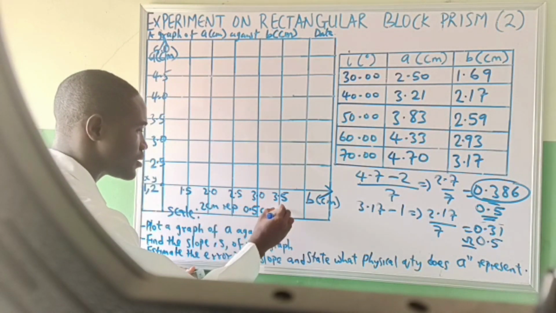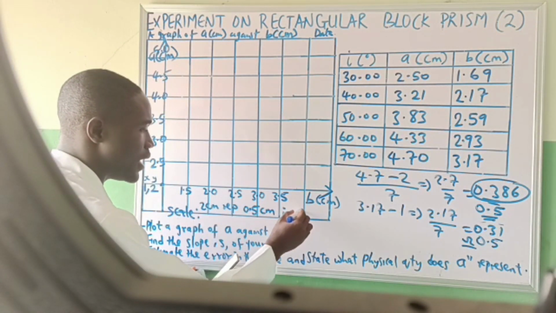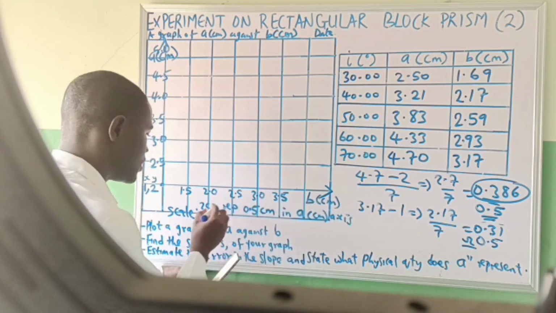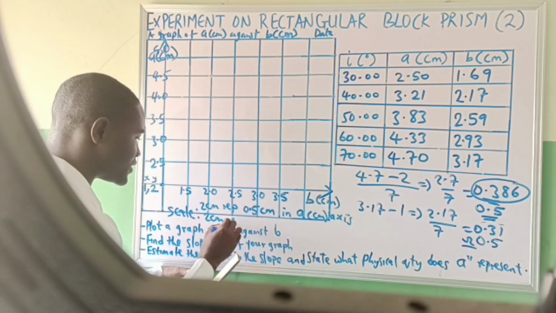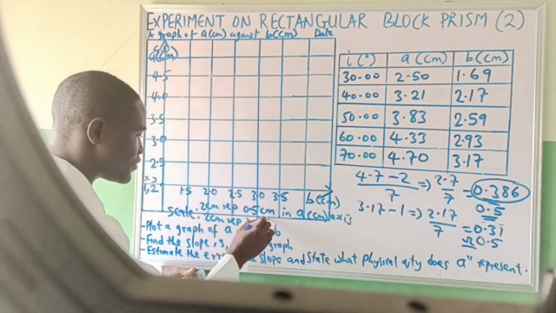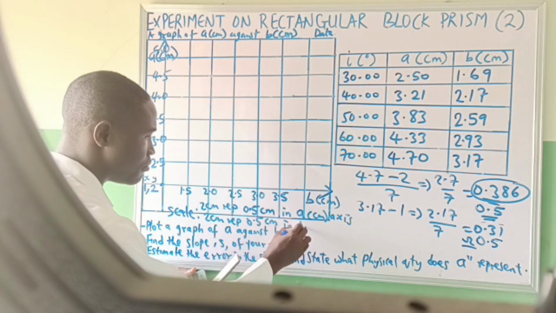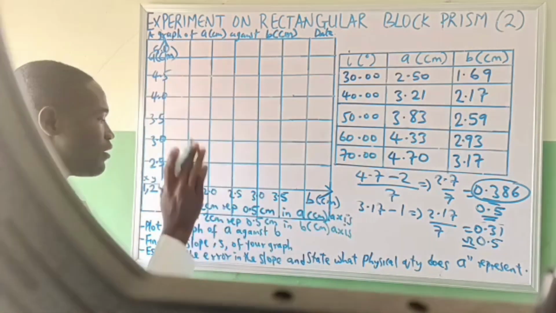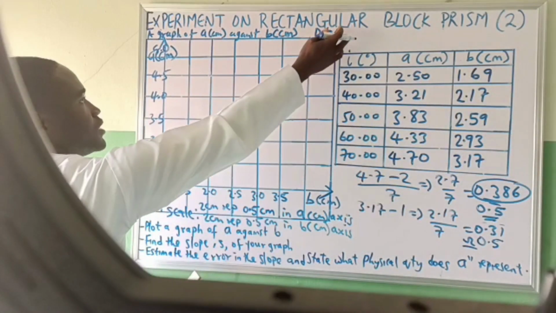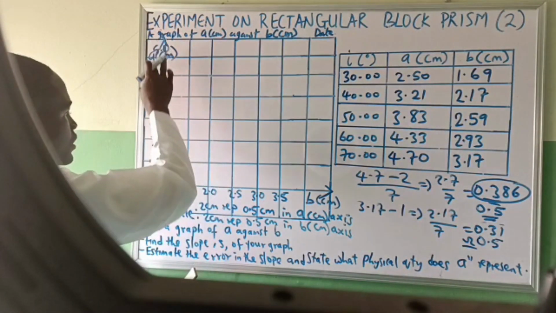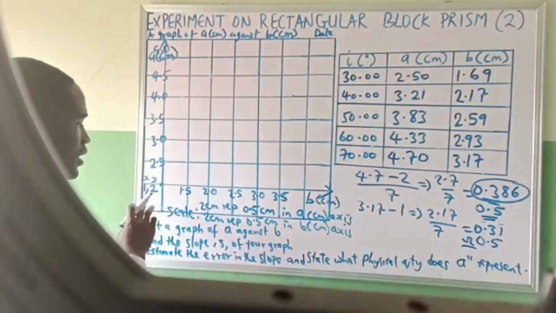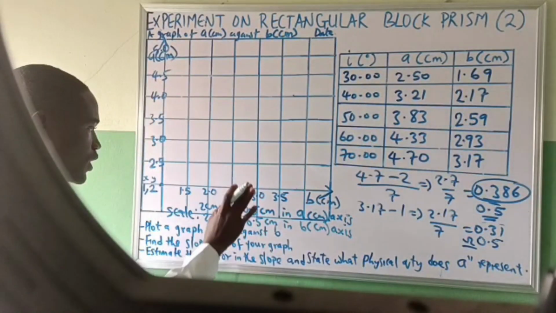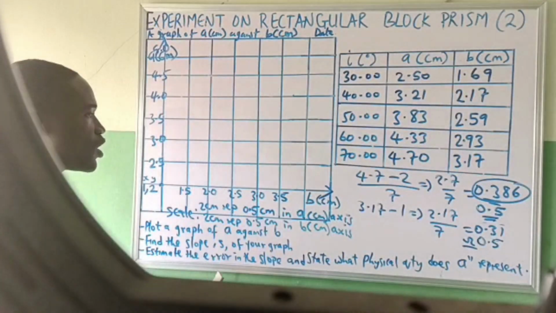On the Y axis, 2 cm represents 0.5 cm on the X axis. We have put our scale. That means your date, your title, label your Cartesian axis, then your scale. Very important for you to do it before plotting your graph.